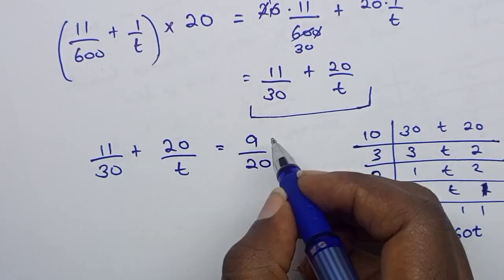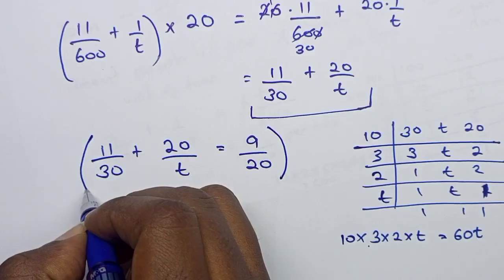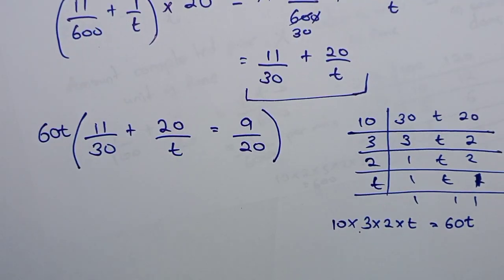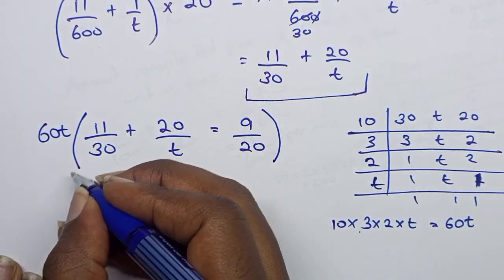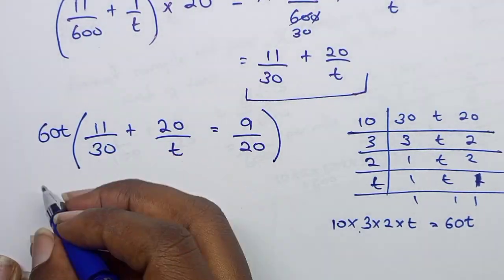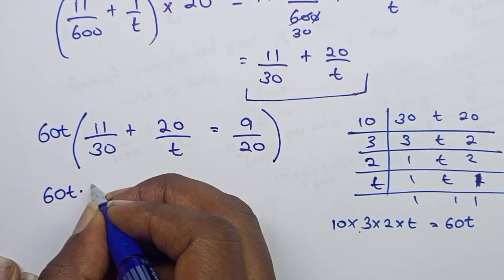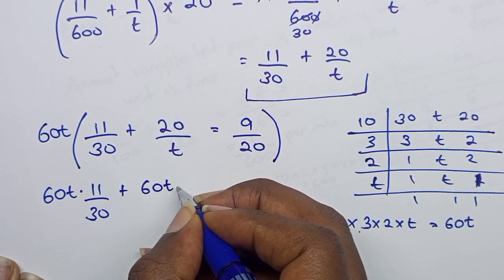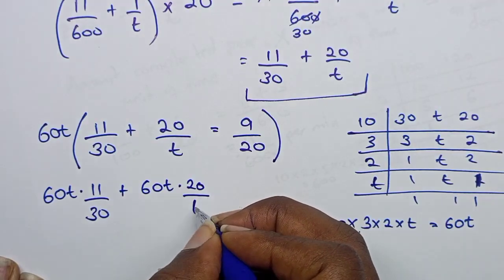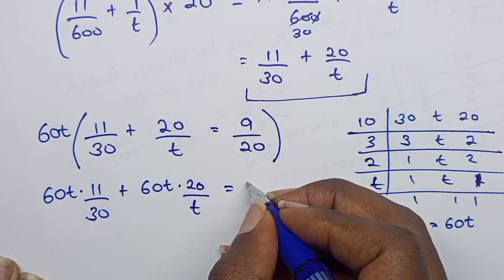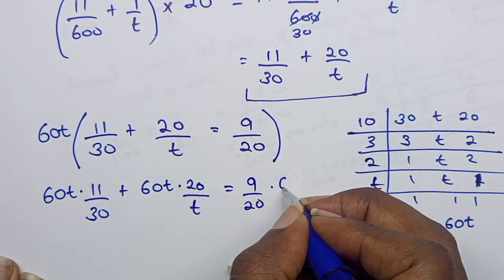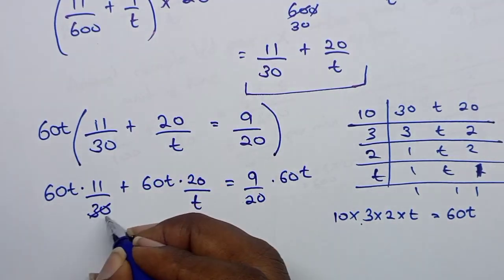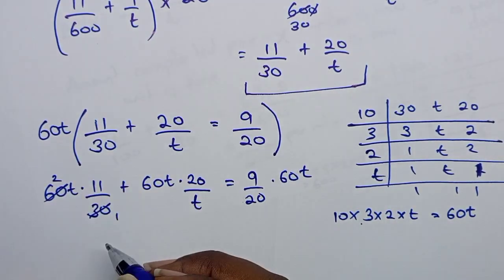So we multiply this whole equation by the LCD, which is 60t. And therefore, we shall have 60t times 11 over 30 plus 60t times 20 over t being equal to 9 over 20 times 60t, which gives us, this cancels with this twice.